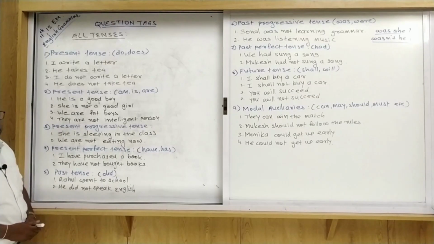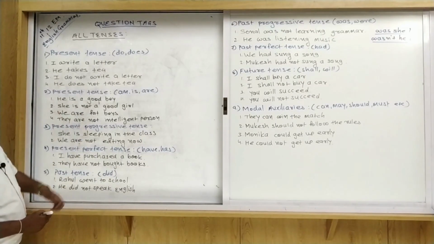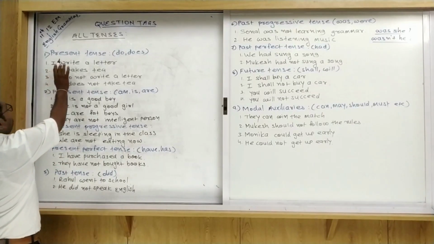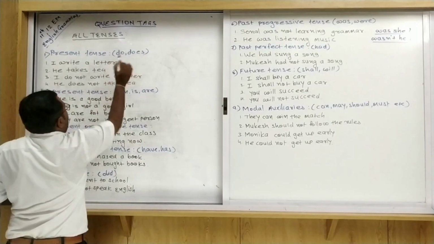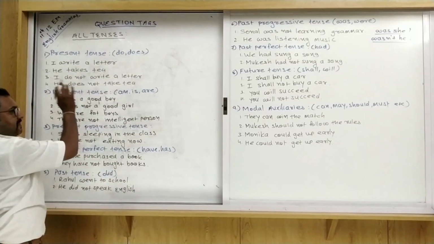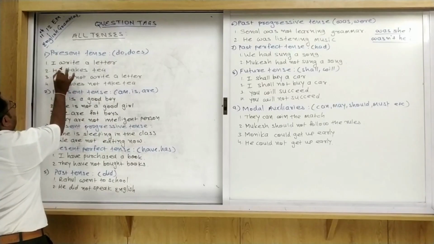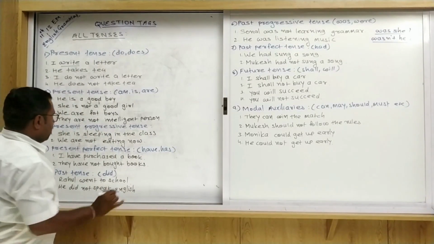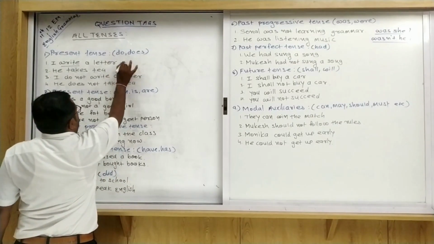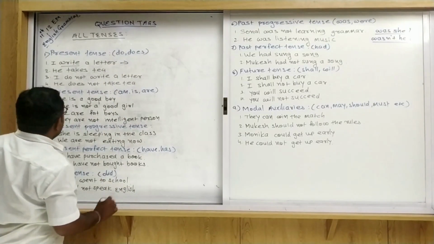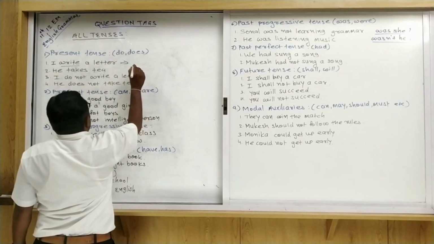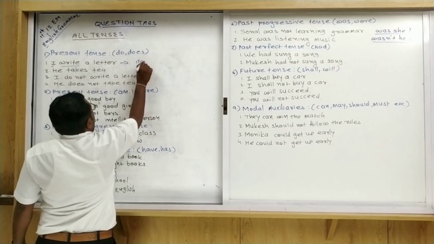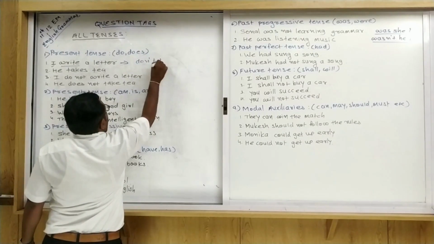Okay, now let's practice all the tenses, how to make question tags. The first one, present tense, do or does. See the first example, I write a letter, that is a positive sentence, and we make a negative question tag. I is given here, so don't I?